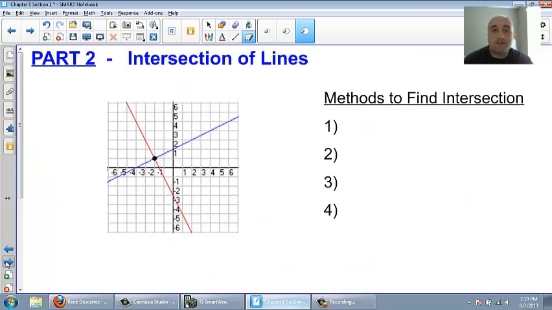The main part of this section that I really want you to understand is being able to find the intersection of these two different diagonal lines, or vertical or horizontal. There are many different methods to find these. One method that you learned at some point in Algebra 1 and Algebra 2, I believe, is called substitution.